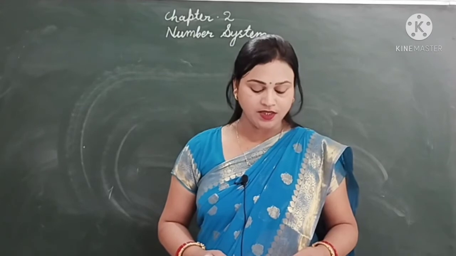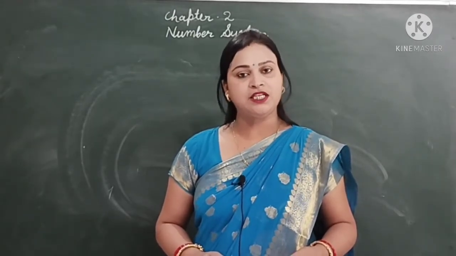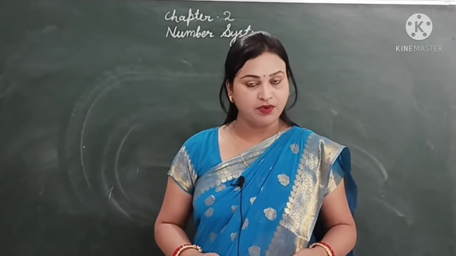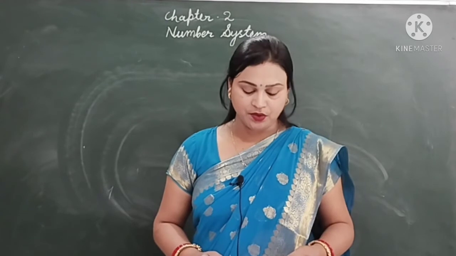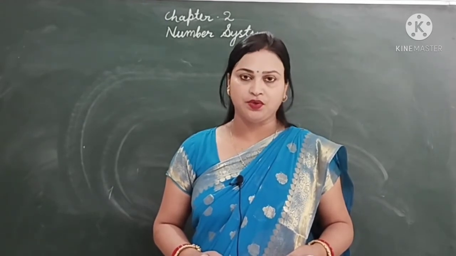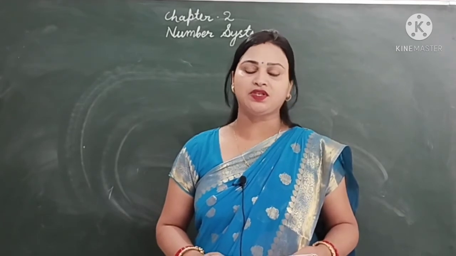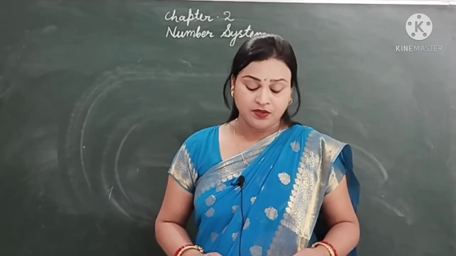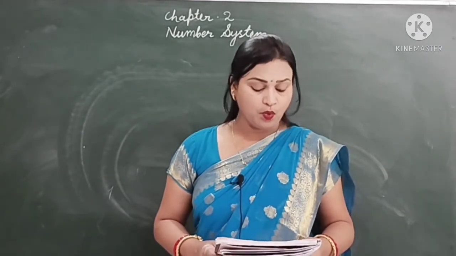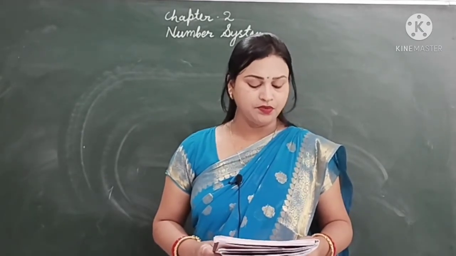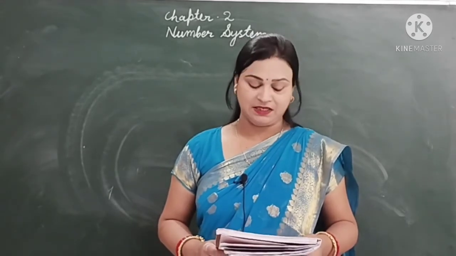E, 1055 base 10, so it is a decimal number because the base is 10. F, 20000 base 10. By seeing the base only you can say which type of number system it is. So this is a decimal number system. G, 1000 base 10, this is also a decimal number.